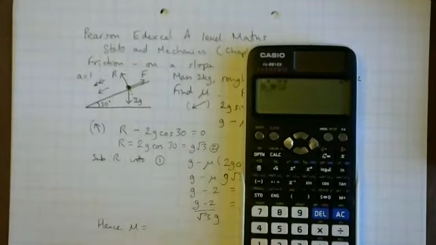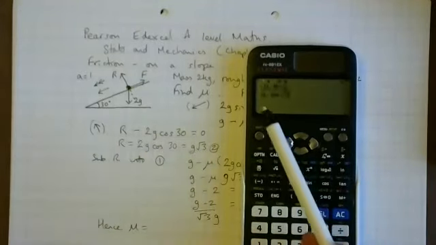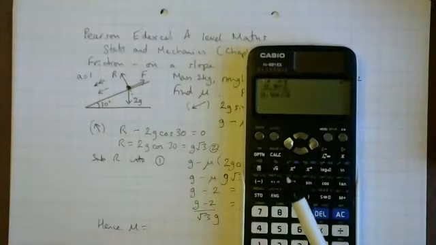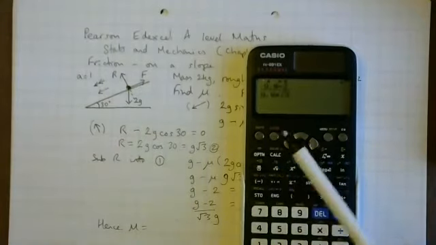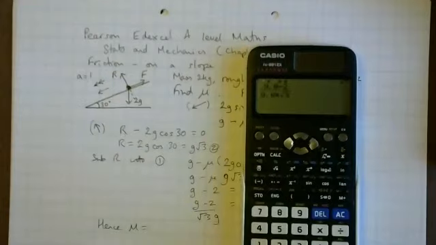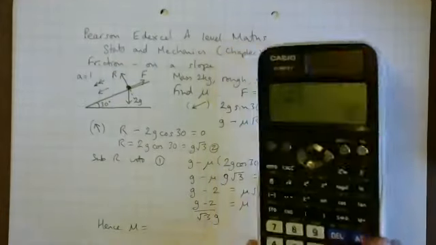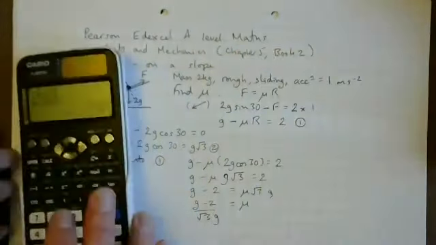Minus 2, over g root 3. Notice I wrote it as 9.8 times root 3, just to avoid the possibility of getting the 9.8 inside the root 3 sign by mistake. 13 root 3 over 49.